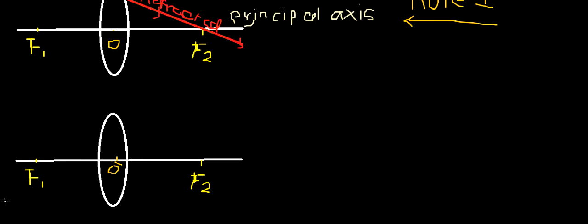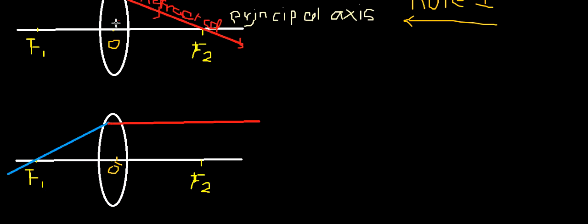So the second rule is exactly opposite to this rule. That is, when the incident ray passes through the first focus F1, then the refracted ray goes parallel to the principal axis. So it will be more specified with the diagram. So if this is my incident ray, in the blue color that I'm marking, then it's passing through the focus, you can see here.